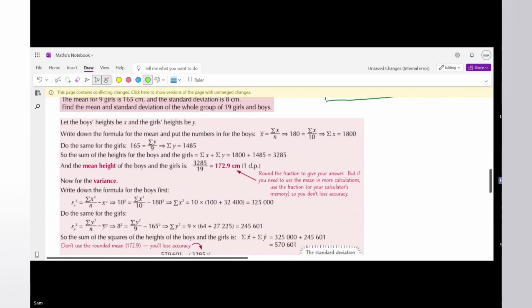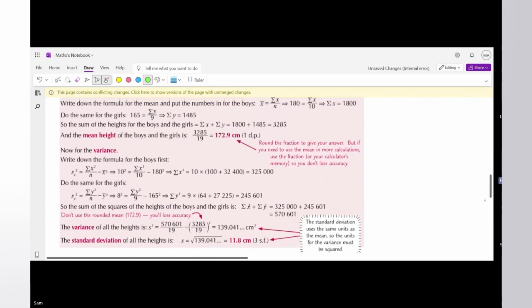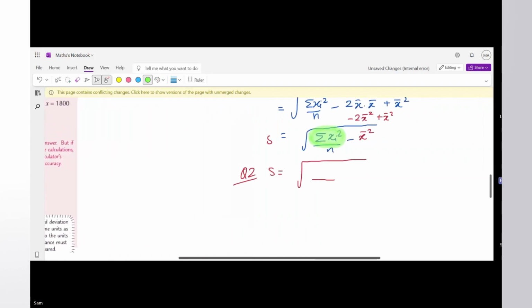Equal to 15625? No, check again, it's too big. Check again, it's too small. The number is actually 2449. Please check your calculations again. So this is 2449. And what is n?